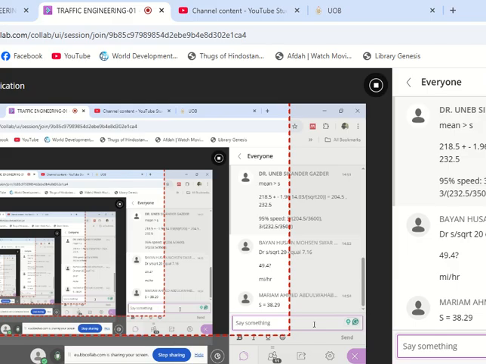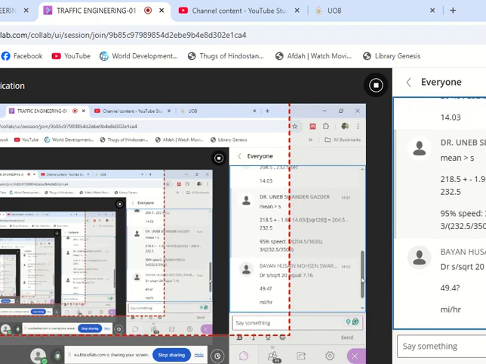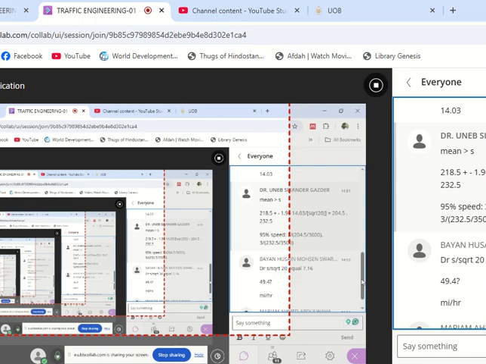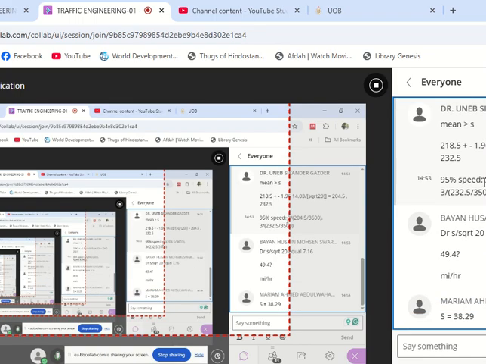Are you sure? Because mean was calculated using 218.5 in seconds, and then you are only going like 30-40 seconds up and down, so the difference should not be too much. Should be very close to the mean actually. The mean is 49.5. Then the 95% confidence interval should be very close to 49.5.